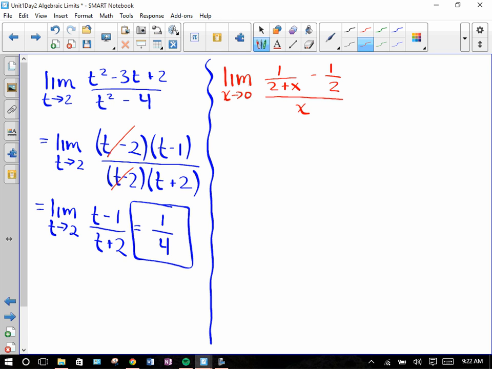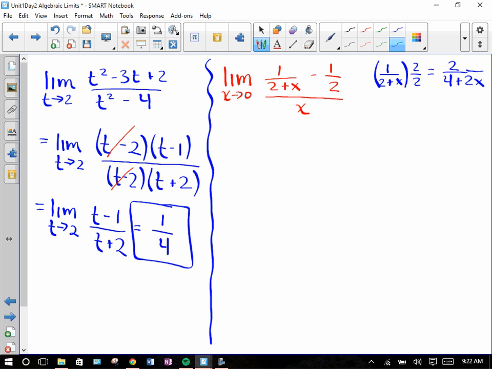So I'm going to do some work off to the side. I'm going to take 1 over 2 plus x and multiply that by 2 over 2. That gives me 2 over 4 plus 2x.